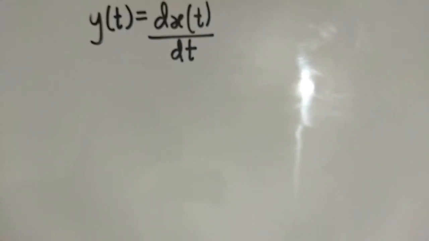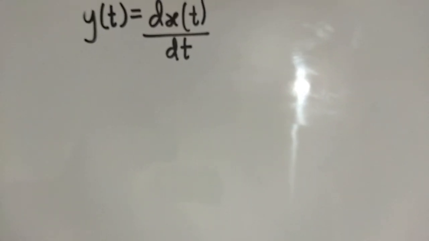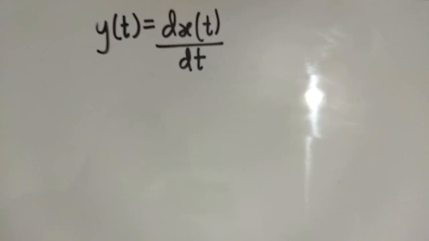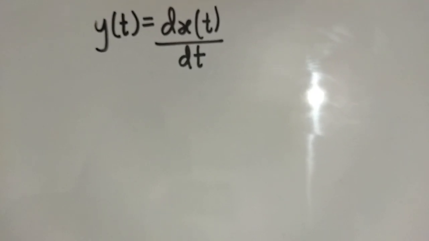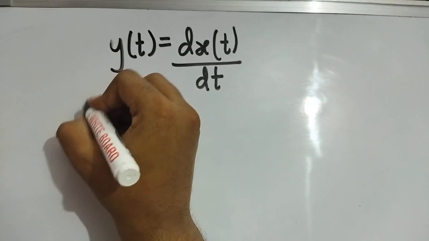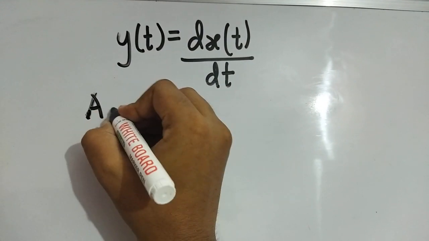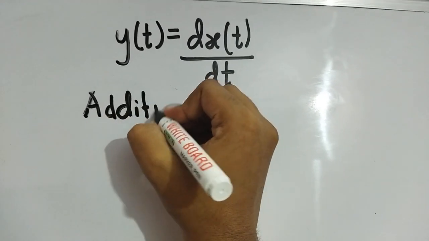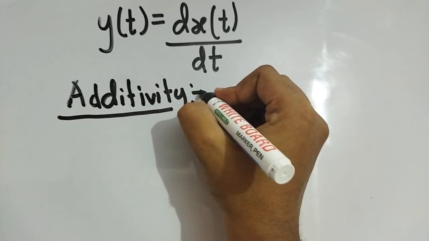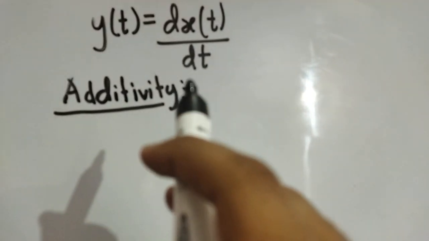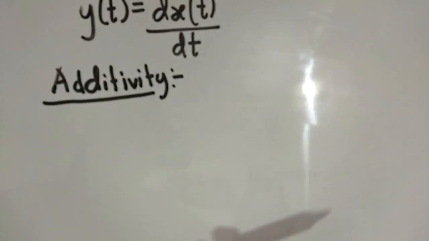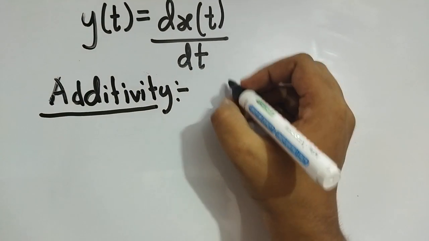So now we know the additivity and scaling properties. Let's see both of these properties with an example. The example here is y of t equal to dx of t by dt. Let's check it for additivity first. We know that in the additivity property, y3 of t is equal to y1 of t plus y2 of t, and we have to satisfy this relation.